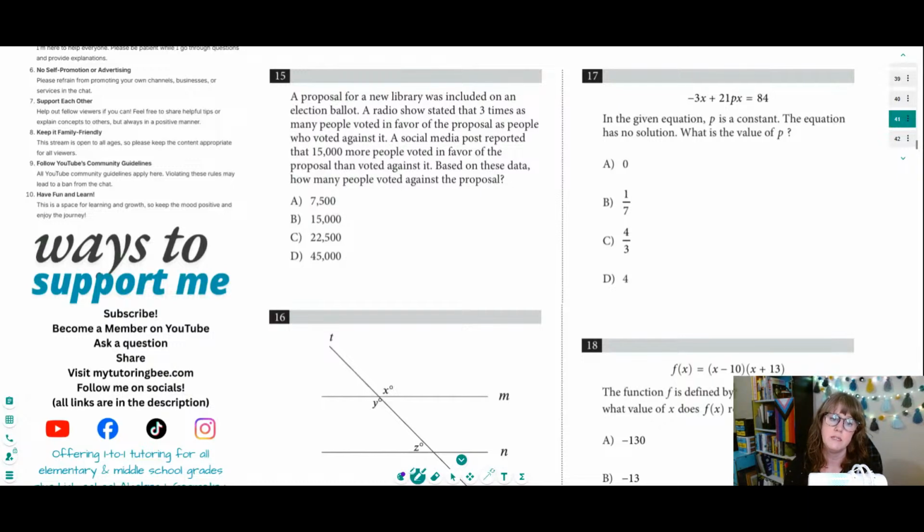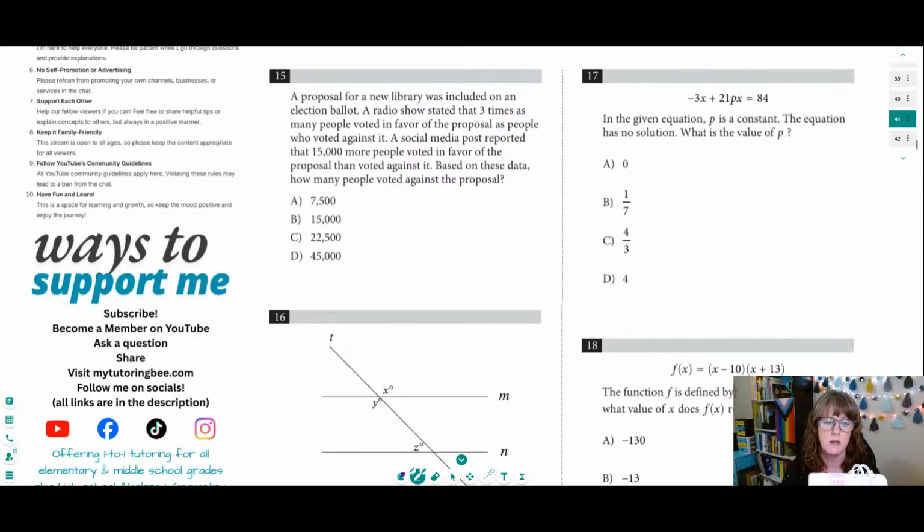All right, so we've got a proposal for a new library that was included on an election ballot. A radio show stated that 3 times as many people voted in favor of the proposal as people who voted against it. A social media post reported that 15,000 more people voted in favor of the proposal than voted against it.